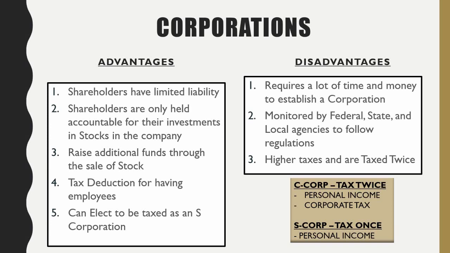A C Corp gets taxed twice. Why? One at the personal income level and then one again at the corporate level, okay? So in this case, you're going to get taxed twice, whereas an S Corp, you can choose to be only taxed once, which is at the personal income level, okay?